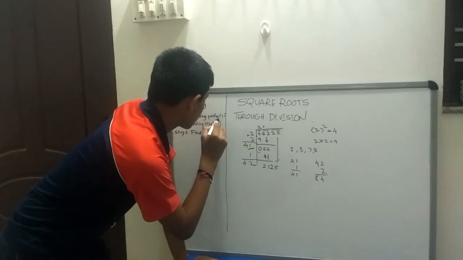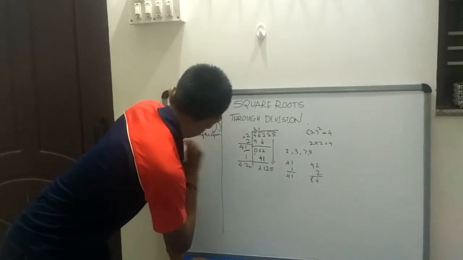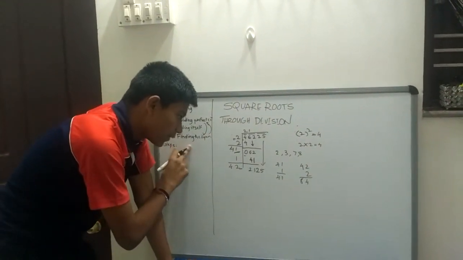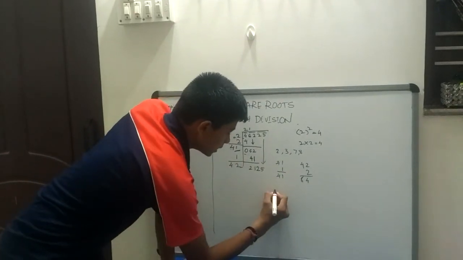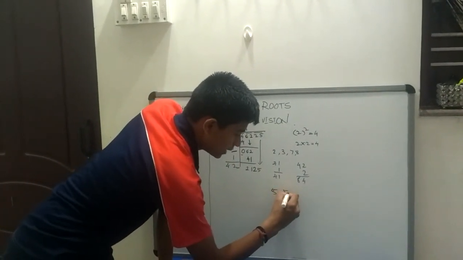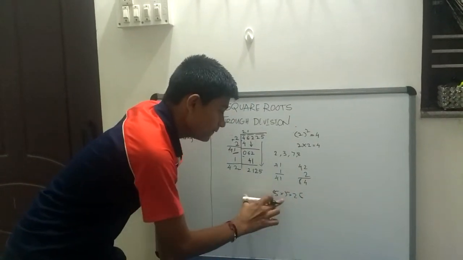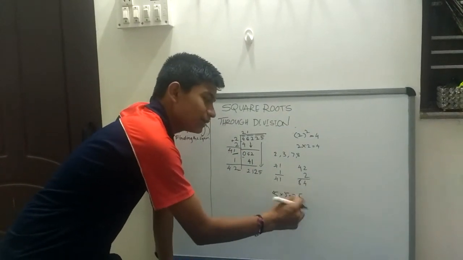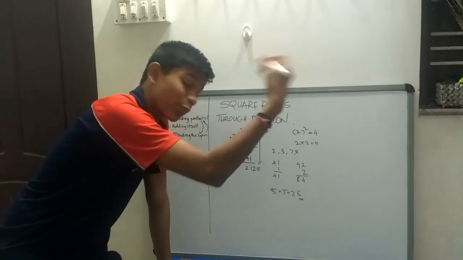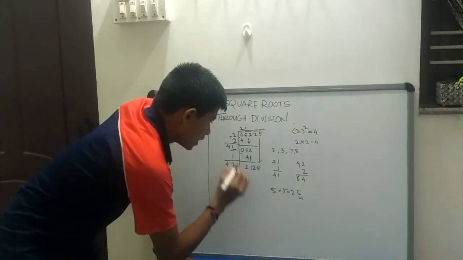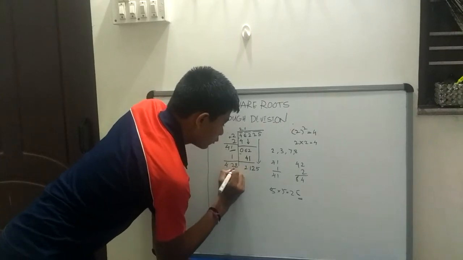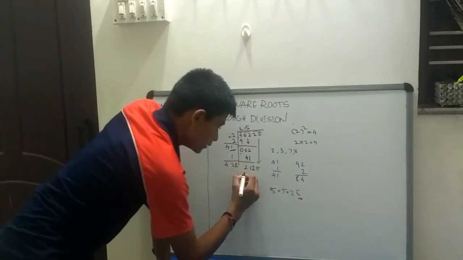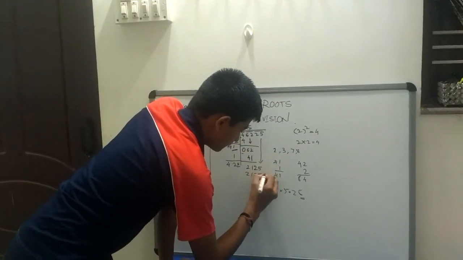Now we will again go and remind ourselves of step 5. What is step 5? You all know that 5 fives are 25. If a number ends with 5 in its units place, its square ends with 5. So now we have 425, and 425 fives are 2125.